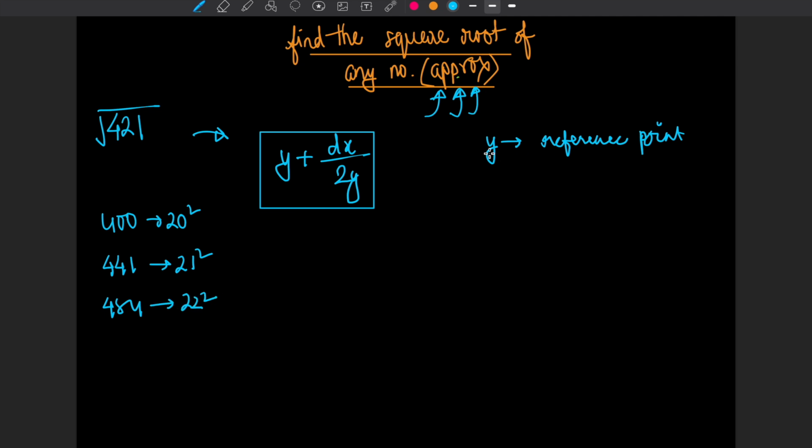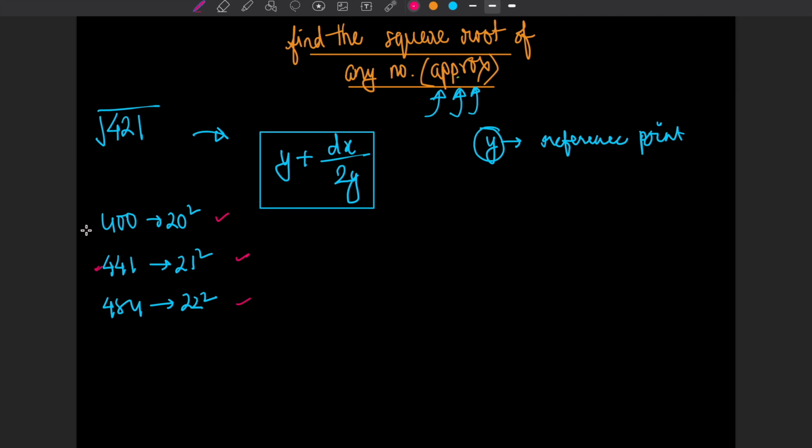So y is essentially our reference point. We should always choose the closest one. For instance, we can choose 21, 22 as well, but for our case 441 is closer to 421 than 484.